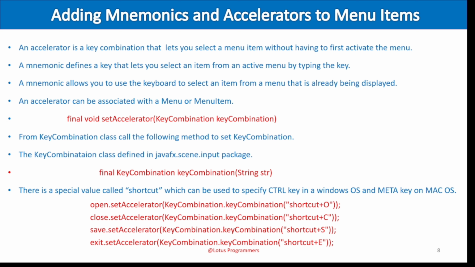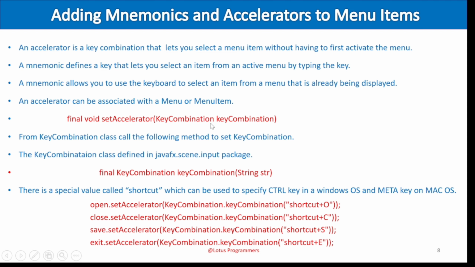In order to set accelerators for menus or menu items, we will call the setAccelerator method from the menu or from the menu item. The setAccelerator method takes a KeyCombination object. Through the KeyCombination object, we will set the actual shortcut key.